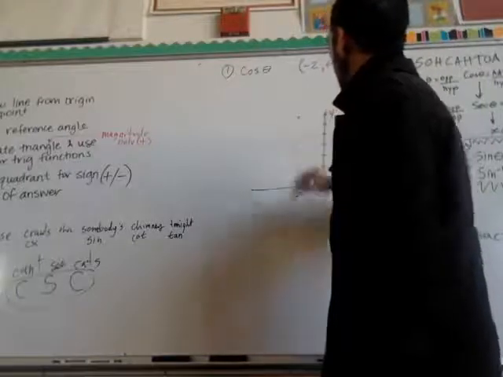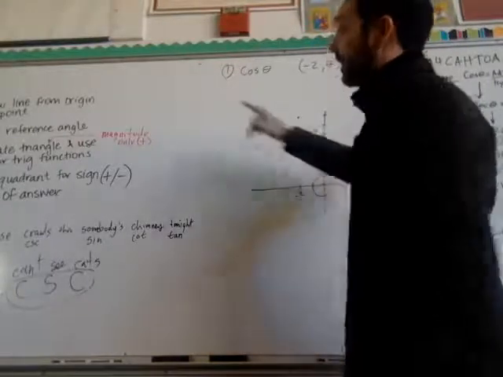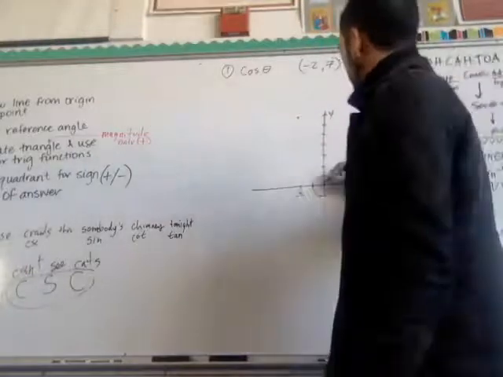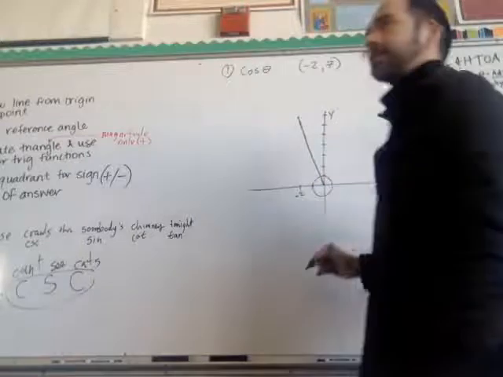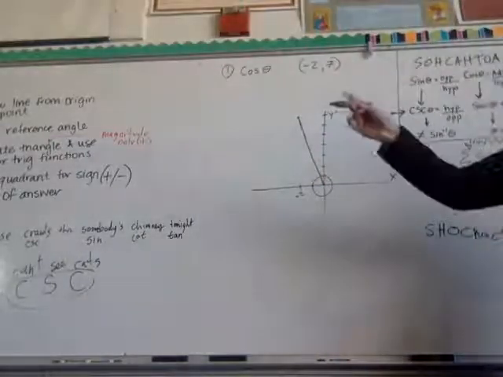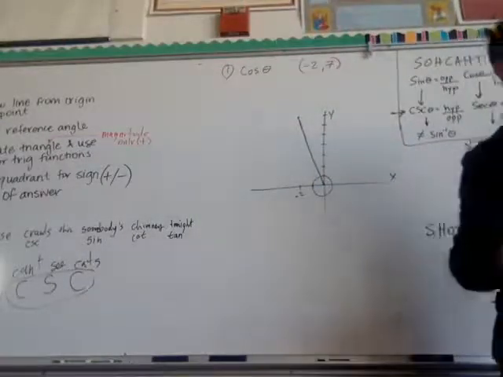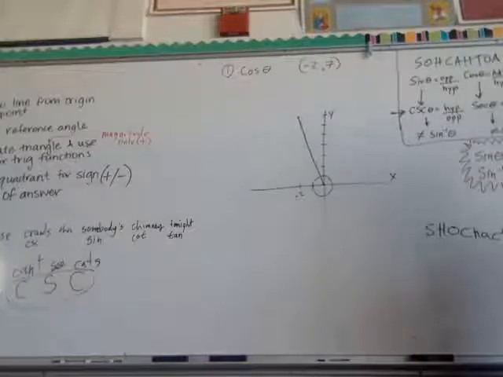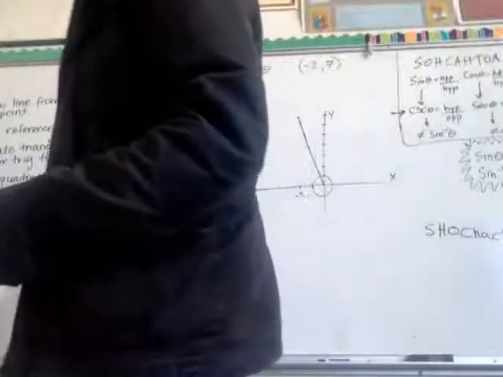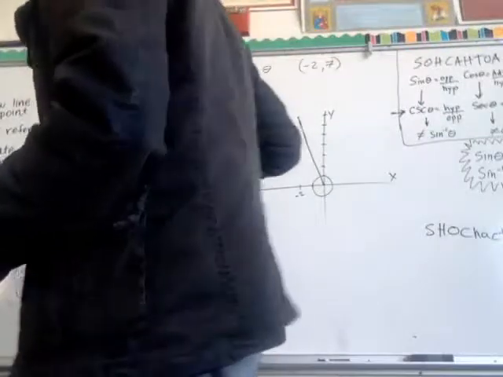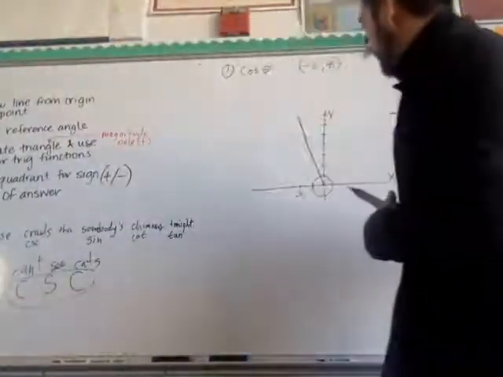Here we go. So what we do for number 1, draw the line from the origin to that point. Now this next step is important. It's why we focused on the warm-up on the reference angle. Which is the reference angle here? I know that's going to be my theta of the triangle, right? My reference angle goes to the x-axis.